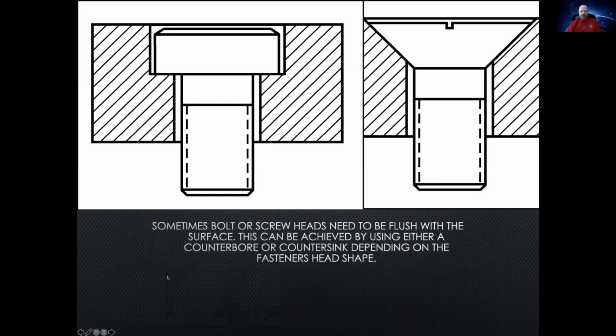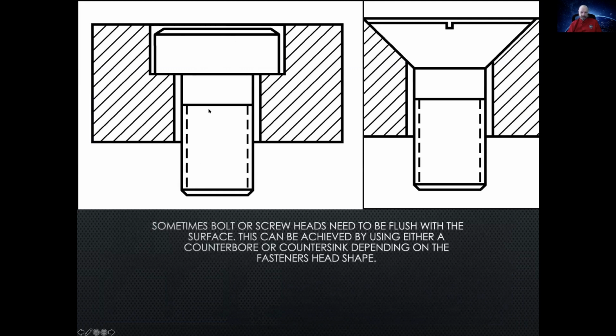And then sometimes you want the screw heads or bolt heads to be flush with the surface. And when you do that, you have to define this depth here, and it's got to be a little bit deeper than the bolt head height. In this case, you'd probably put a nut on this end and bring it together.